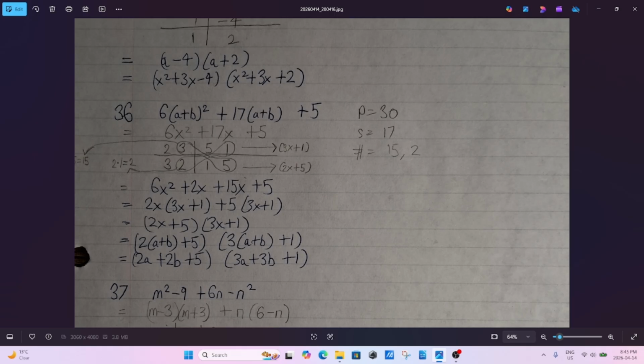And that 3 times 5 is 15, and 2 times 1 is 2. So you make a cross with the numbers, and you add them, and it becomes 17. So we know those are the two brackets, two factors that we can write out.